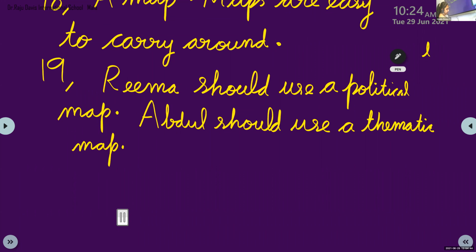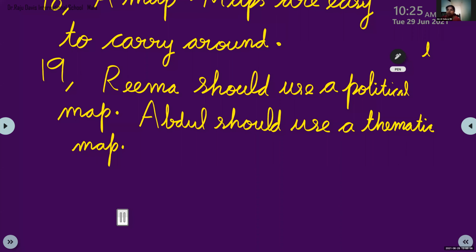The next question: write any two ways in which maps are useful to you in your everyday life. While traveling, maps can be used to find out the route and calculate the journey time.